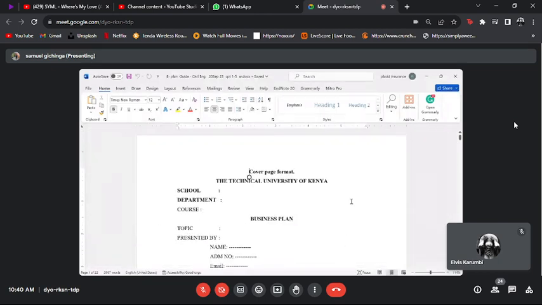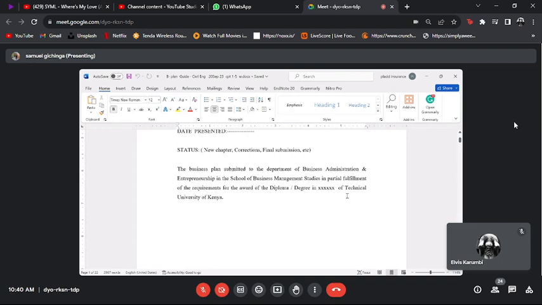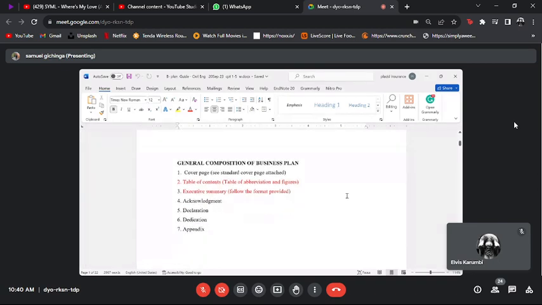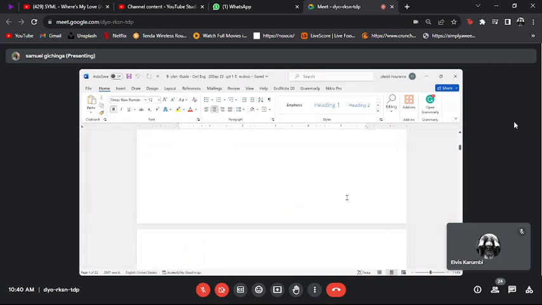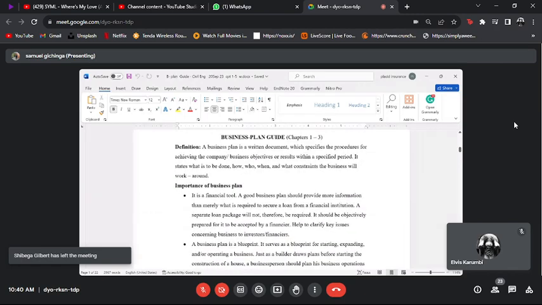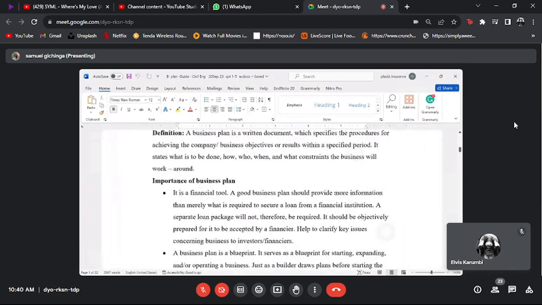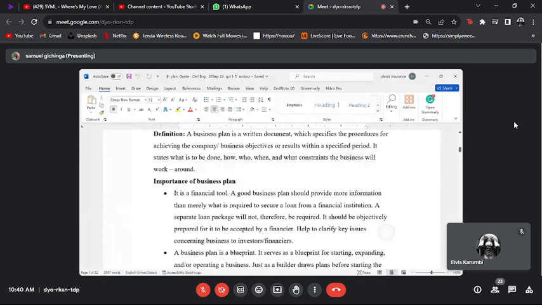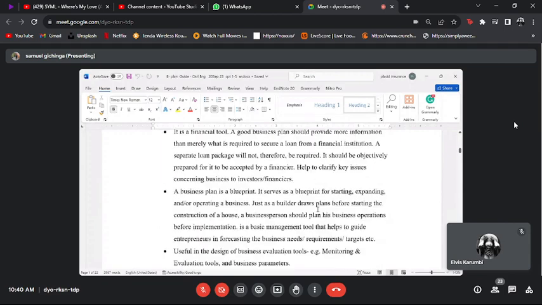Read for me. Cover page format. If you can read the word cover page, okay. Is the font good for you? You can see things effectively well, or expand. I can see. Very well.